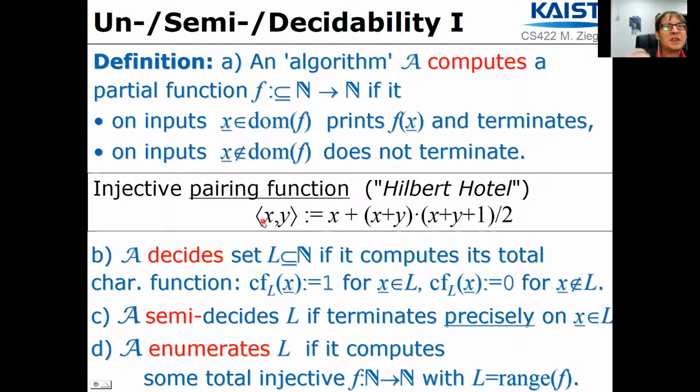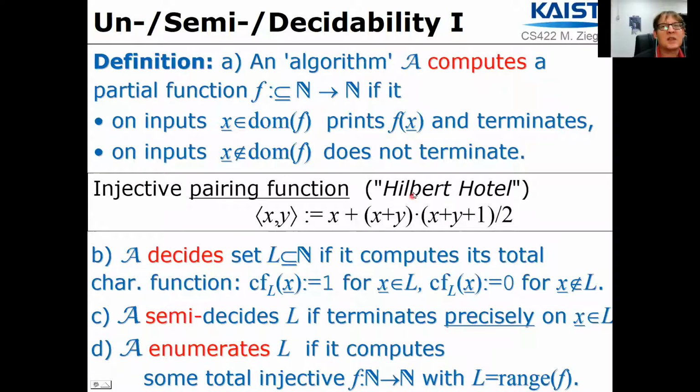So by means of this assignment of buses and guests to rooms, in the end, every guest has a room. That's true because that's a natural number. But the interesting thing is, none of the rooms will be occupied doubly. There will be no collision because this is an injective function. Any collision would mean a violation of the injectivity.